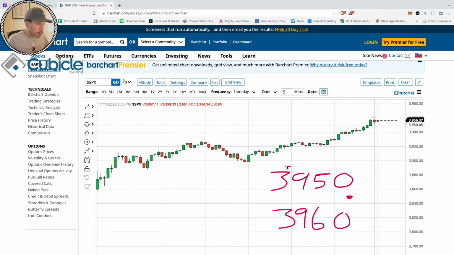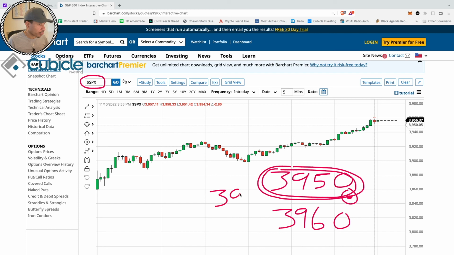So it put my short strike in the money, right? Anytime the strike price of your option contract on the call side is less than the actual price of the underlying, being SPX, which closed at 39.57, you lose money.